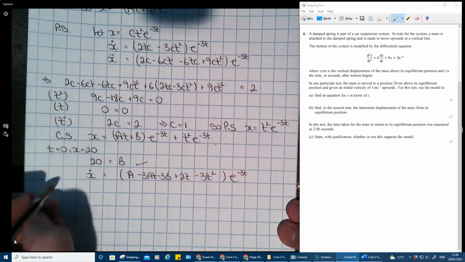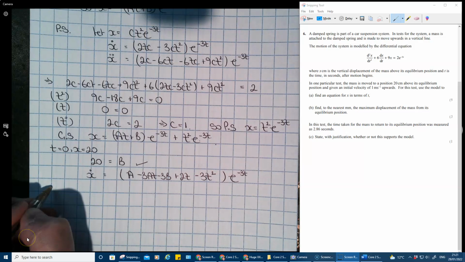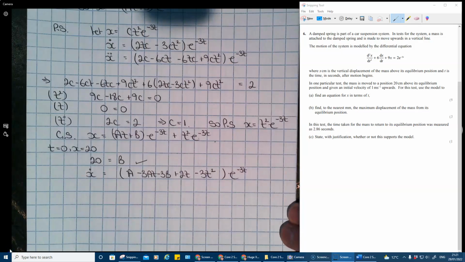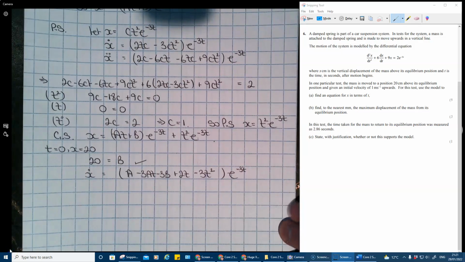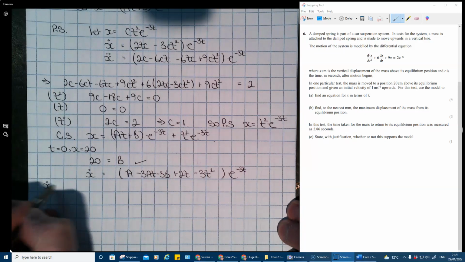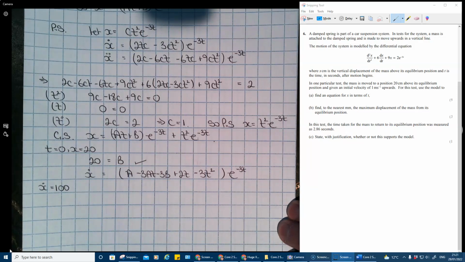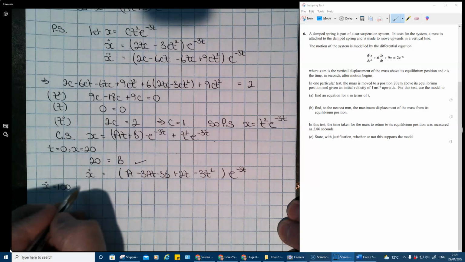Okay, so we're also told that it's given a velocity of 1 meter per second. So we know that x dot is 100 because we're measuring in centimeters, not meters. We've got to be a little bit careful. When t is 0.